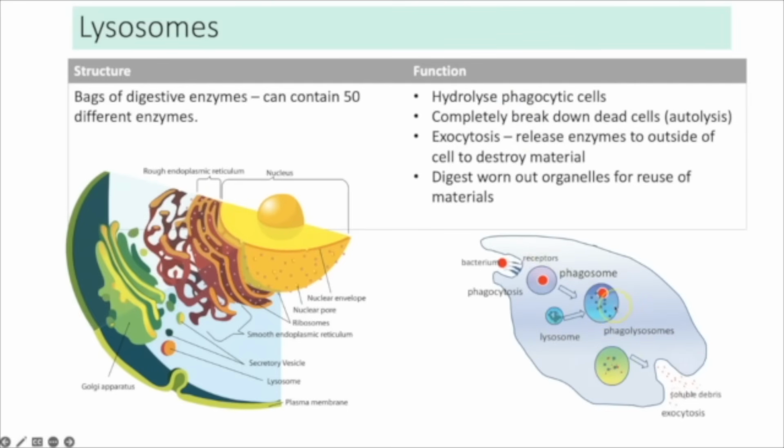That releases the digestive enzymes to hydrolyze and destroy pathogens. They're also involved in completely breaking down dead cells. And then once they have hydrolyzed and digested whatever it is that they're breaking down, the lysosome will then fuse with the cell membrane, and that will release its contents to the outside of that cell.